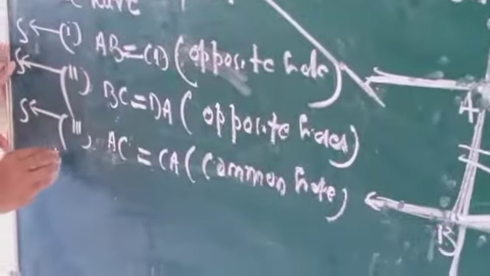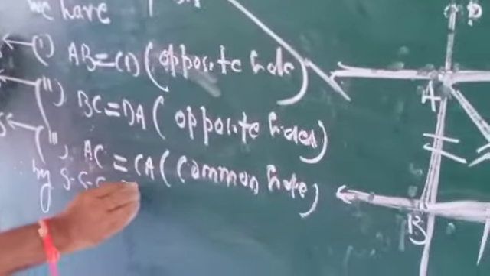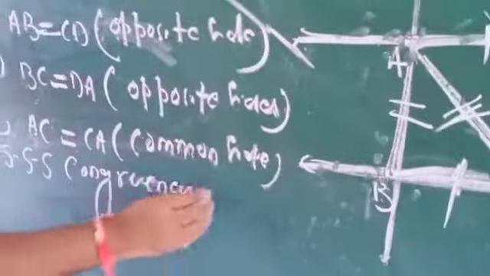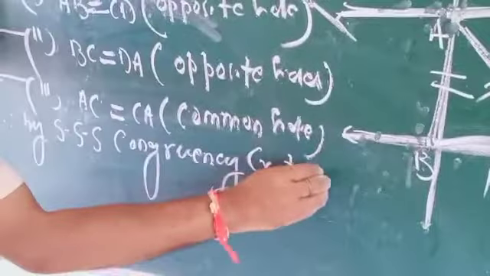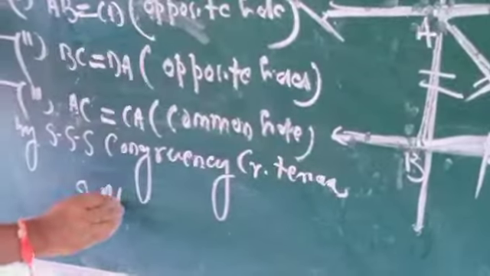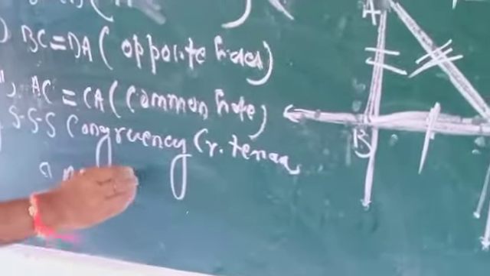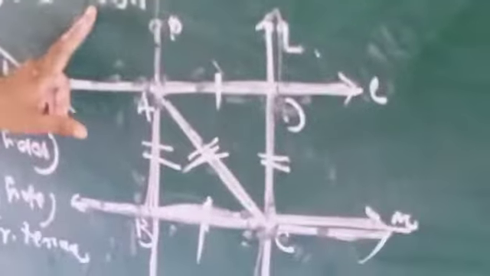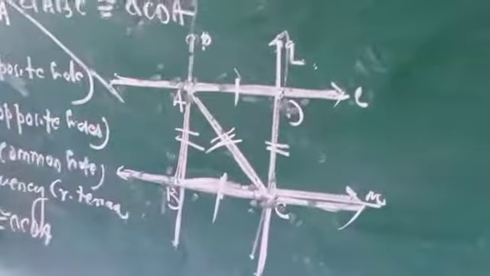Therefore, by the SSS congruency criterion, triangle ABC is congruent to triangle CDA. We have to prove this. Okay, understood all of you?